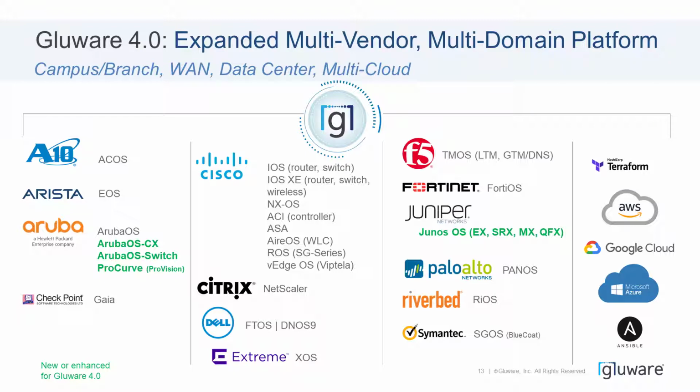And with that Terraform support, we focused on three of the main cloud vendors first, with AWS, Google Cloud, and Microsoft Azure. And also, it's not new in this release, already previously released, we have Ansible integration with support for plugins and modules to do things like inventory and integrated drift and audit when you're running Ansible playbooks.